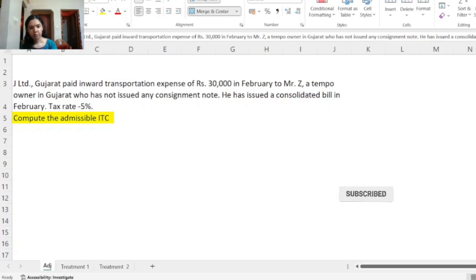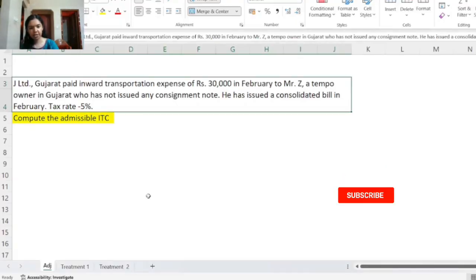Now where most of the students go wrong is the moment we read tempo owner, transportation, freight expenses, we immediately think it as a goods transport agency. And as soon as we think it as GTA, we assume that GST at 5% under reverse charge will apply. And we then claim ITC on it. So most of the students end up showing like this.